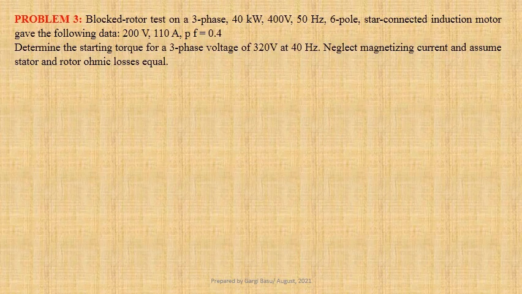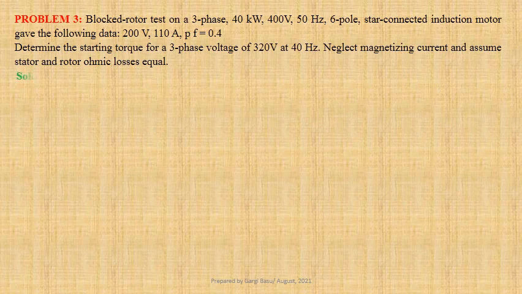Blocked-rotor test on a 3-phase 40 kilowatts 400 volts 50 Hz 6-pole star-connected induction motor gave the following data: 200 volts, 110 ampere, 0.4 power factor. Neglecting magnetizing current and assuming stator and rotor ohmic losses equal, we have to compute the starting torque for a 3-phase voltage of 320 volts at 40 Hz.